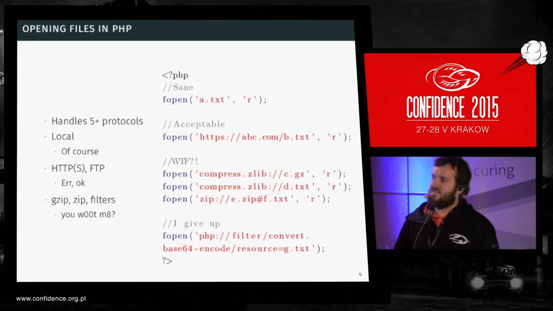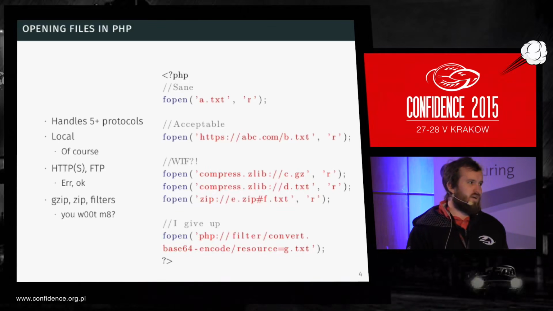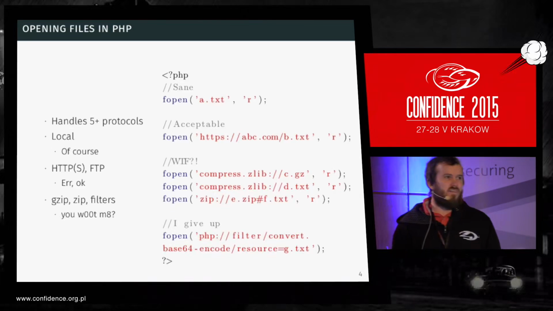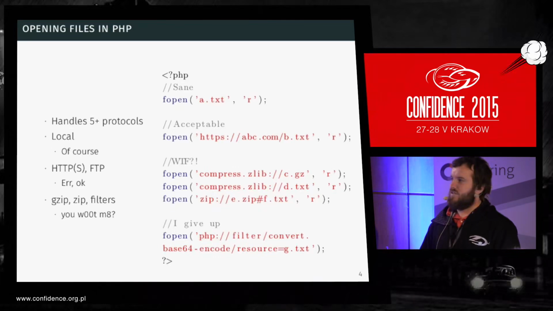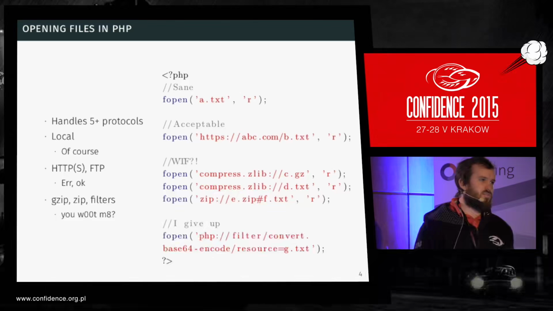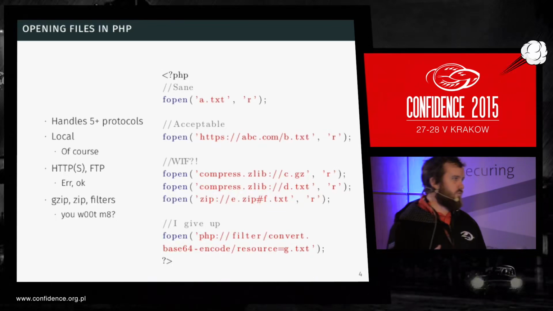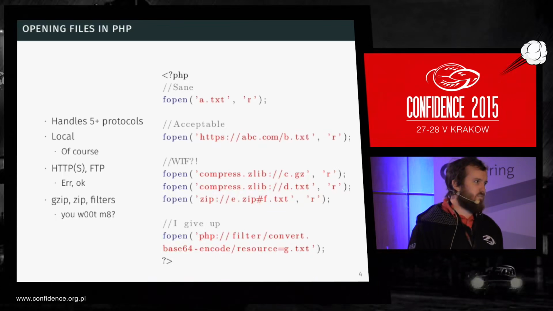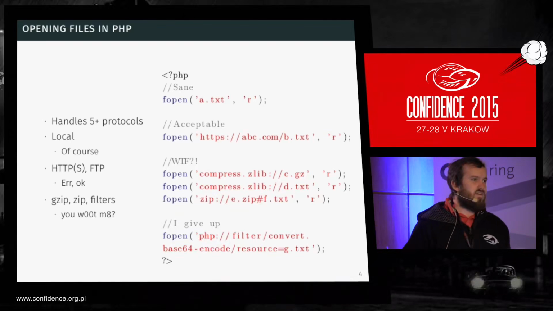You can also open a zlib compressed file and just treat it as if it were a regular file. This is where I think it starts to get a little too advanced for just opening files. And if you try to open a zlib compressed file which is not actually zlib compressed, I think the reasonable thing would be to throw an error, say that this is not zlib compressed, but PHP says yeah, okay, sure, I'll just read it as a regular file then.